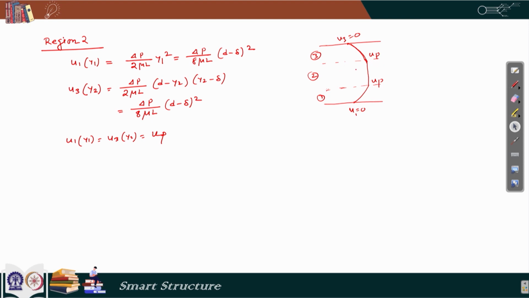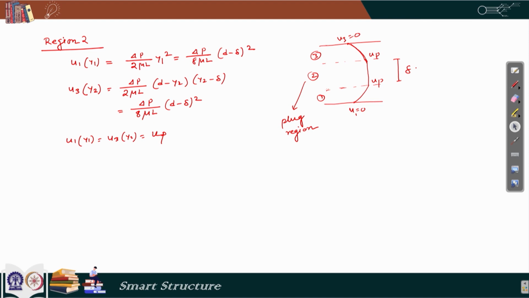So, that travels as a solid with one velocity. So, that is called the plug region. So, we can call region 2 the plug region. Now, that we know the velocity of the plug region, we have to find out the thickness delta of this region.